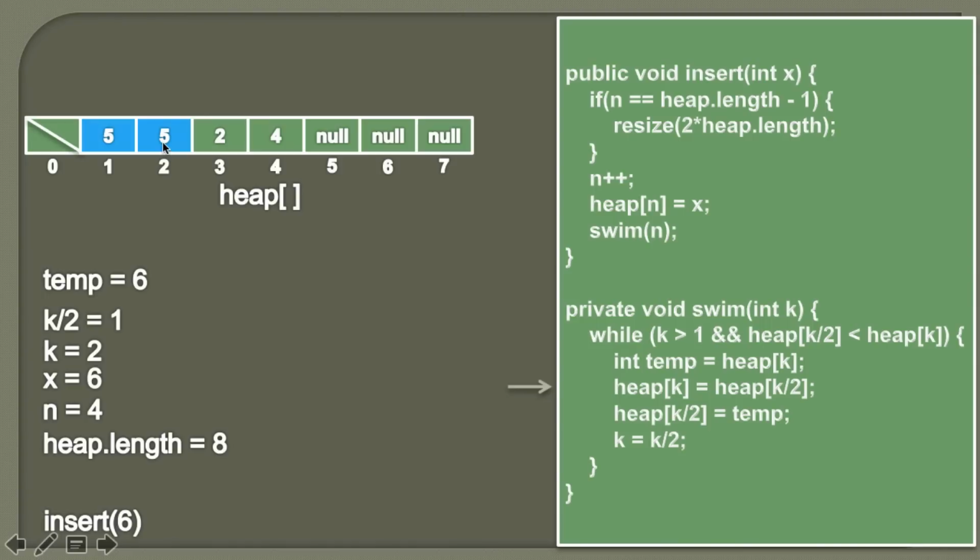So it becomes 5. And finally we'll assign the value stored in this temporary variable to index 1. And after we perform this swap, we'll simply traverse to its parent by assigning k by 2 to k. So k by 2 is 1. So k will become 1.